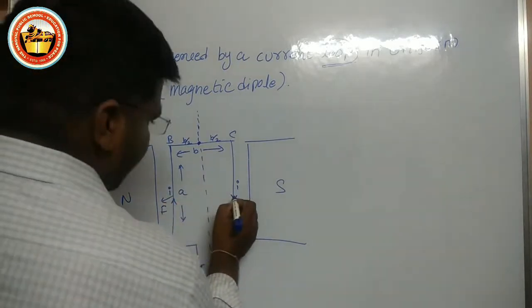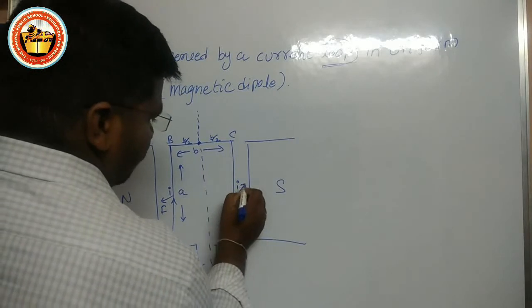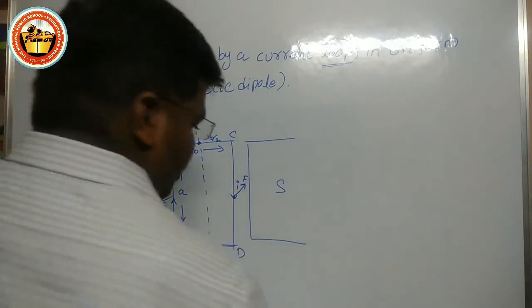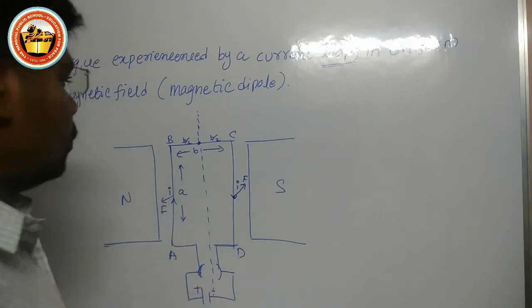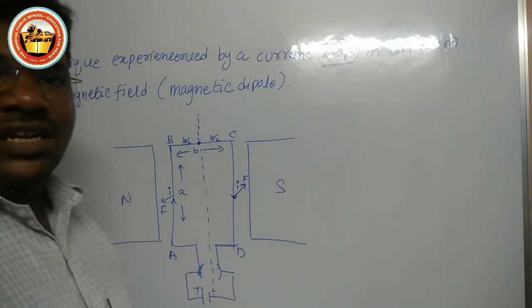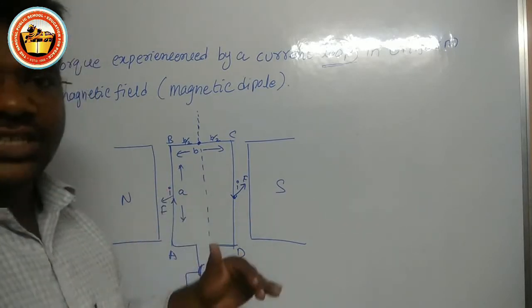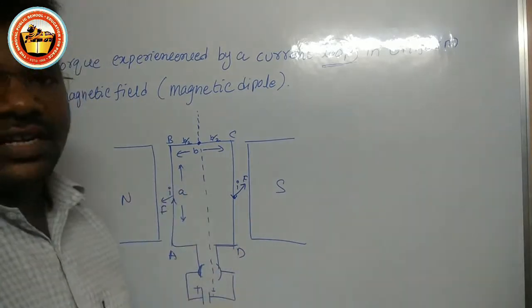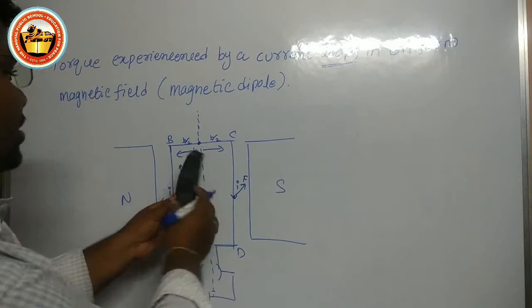Here we can apply the same rule, and the coil comes out from the board. Because two forces of equal magnitude act in opposite directions and not along the same line of action, the coil will rotate like this.